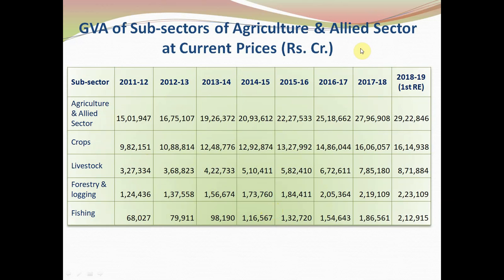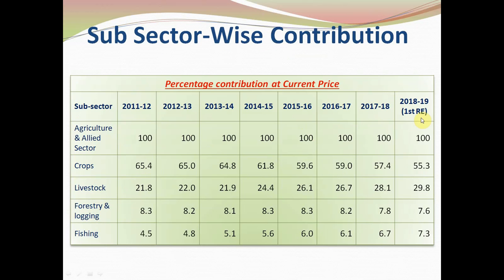This is GVA of subsectors at current prices in rupees crore. These are all current price GVA, and crop, livestock, forestry, fishing, all four sectors are taken. And in the next slide we have taken percentage contribution at constant price.